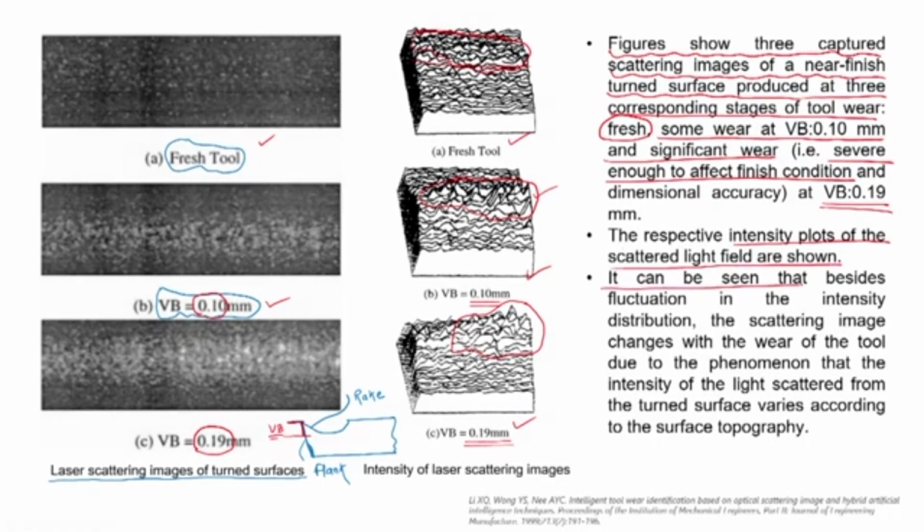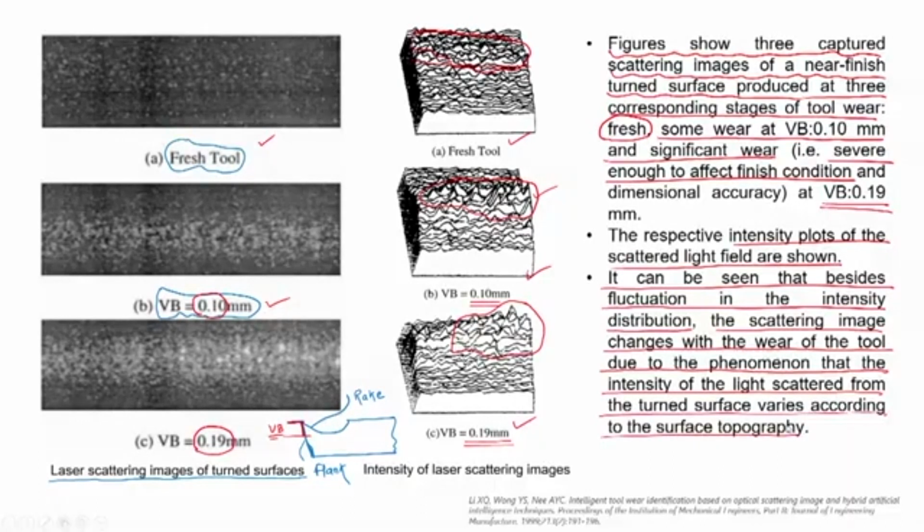It can be seen that besides fluctuation in the intensity distribution, the scattering image changes with the wear of the tool, due to the phenomenon that the intensity of the light scattered from the turned surface varies according to the surface topography.